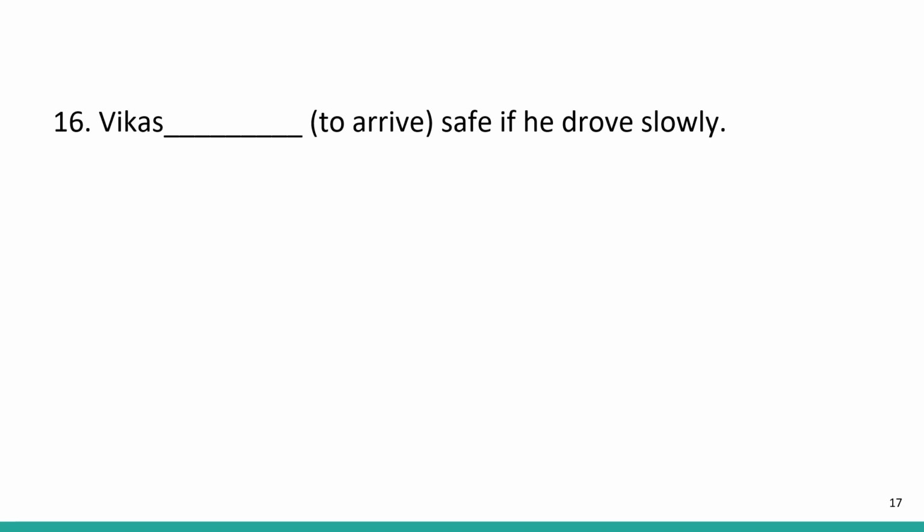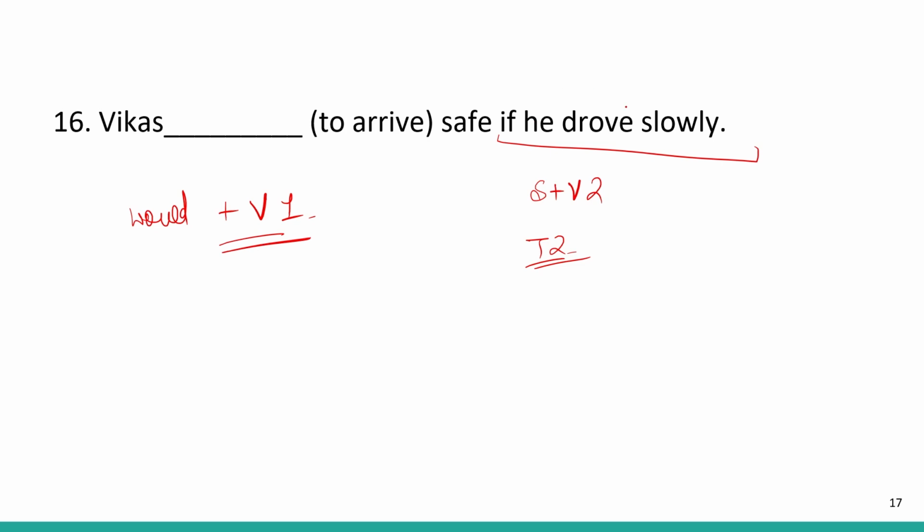Vikas dash to arrive safe if he drove slowly. Now here it is written if he drove slowly, that is subject plus verb second. So this is type 2 condition. And in type 2 condition, here we need would plus verb first form. So Vikas would. Now we have to fill a form of arrive. So first form of arrive is arrive.